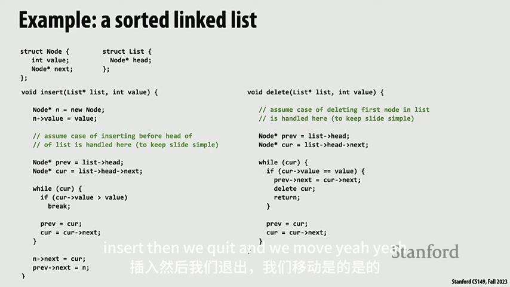Otherwise we keep walking forward, and then we break. The new node's next is the current, and the previous node's next is me. So in other words, I'm walking forward until I find a value in the list that's bigger than me. Previous points at me. My next points at the node I just found.